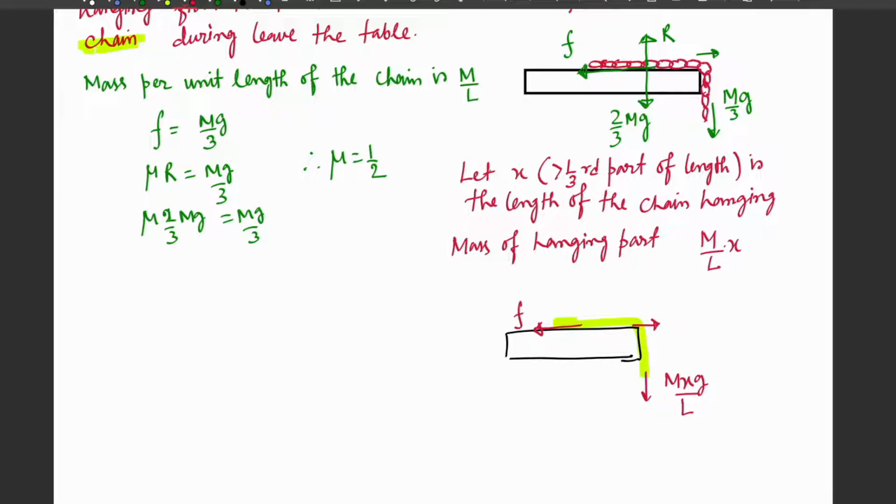Now the mass of the remaining part is m minus mx by l, and this is the weight. This is the reaction force. Therefore, friction F is mu R, which is half into m into 1 minus x by l into g.